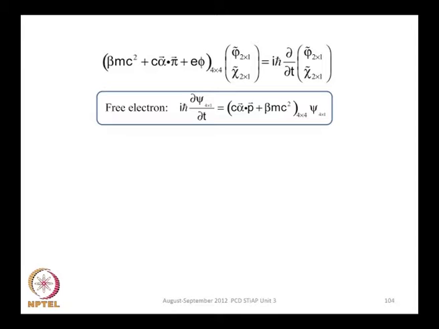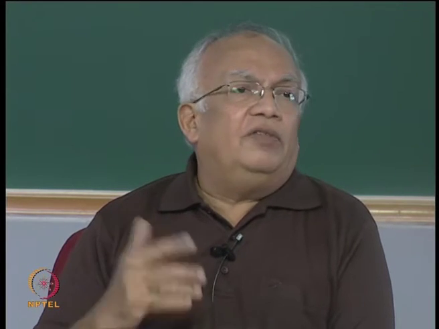and if you wanted to get rid of the odd operator, you could give a Lorentz boost to the electron frame. Okay. If you go over to the electron frame, then the mechanical momentum p of the electron in that frame would be 0, okay, and you would get rid of the alpha dot p.